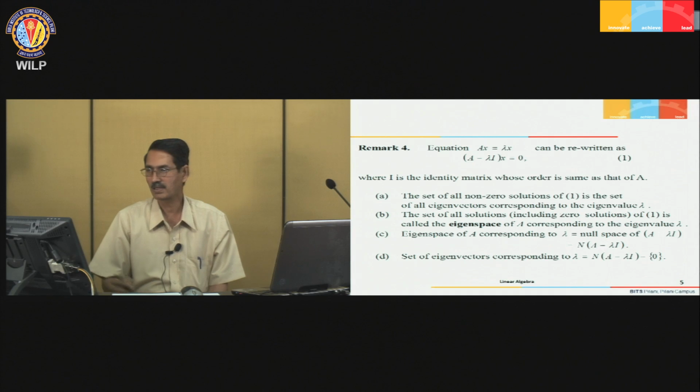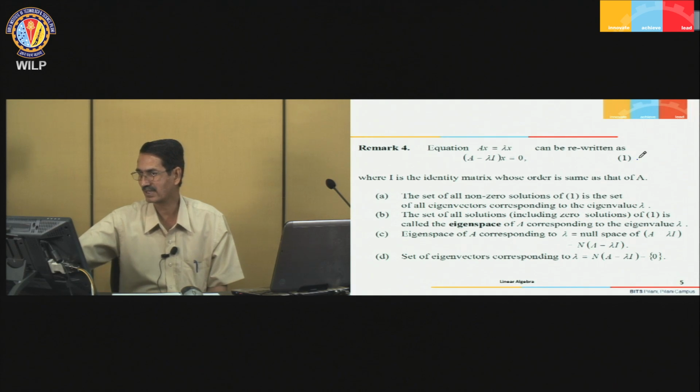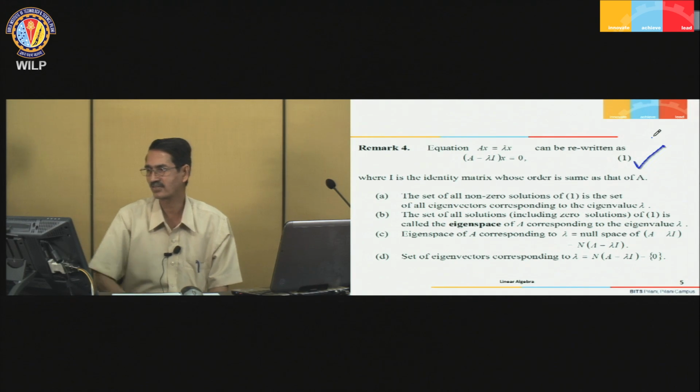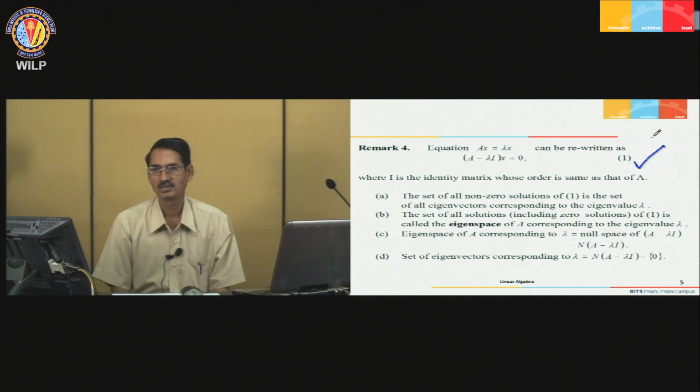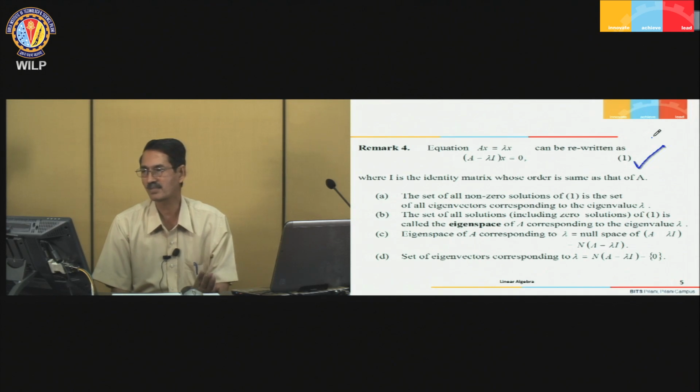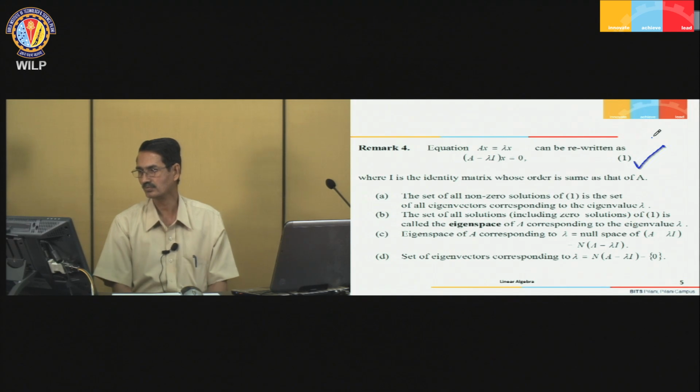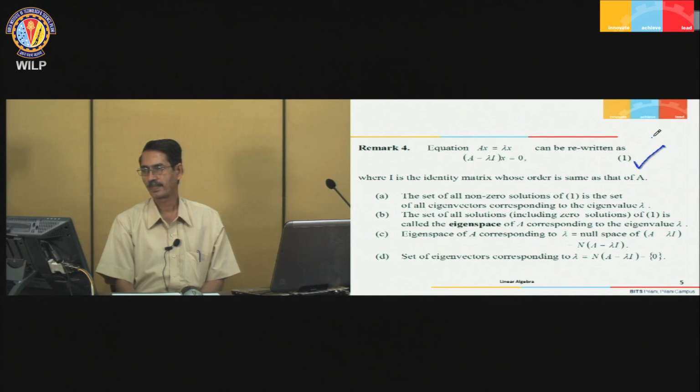This is what we have seen in remark 4, that A x is equal to lambda x can be written in the fashion of A minus lambda I times x is equal to 0, where I is the identity matrix and the order of I is the same as that of A. Look at here.